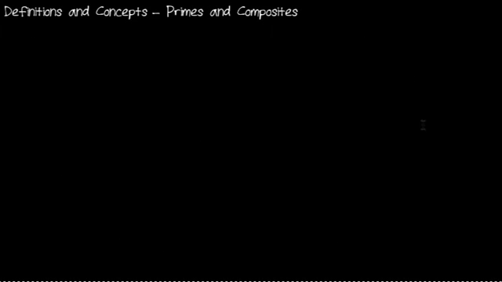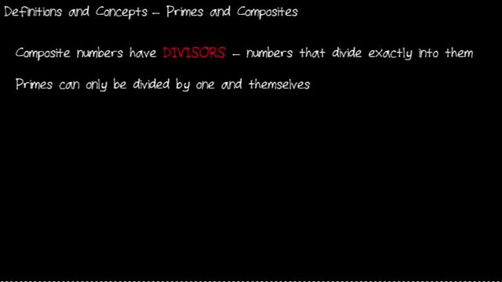Another way we can think about this is talking about divisors. So composite numbers have divisors, that is, numbers that can divide exactly into them, but primes can only be divided by 1 and themselves. Let's look at some examples.